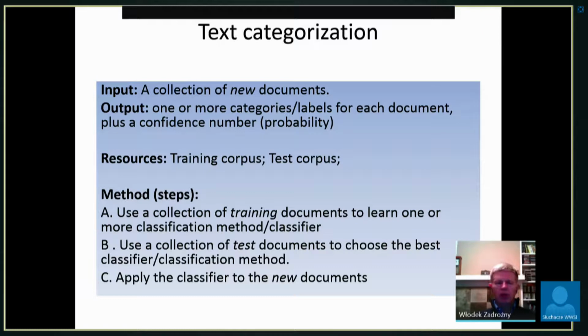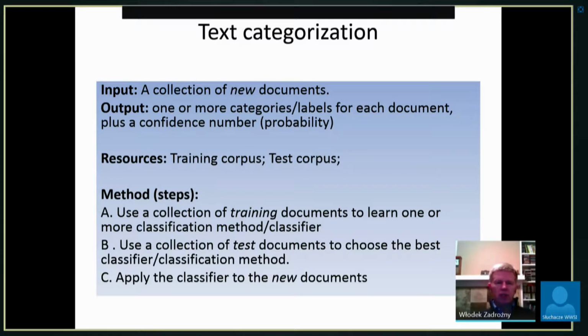And typically we do it by first training a classifier. So our resources are a training corpus and test corpus. So we train on a training corpus and we test on the test corpus. And then when we get new documents, we have some confidence that our classification results are correct with certain expected performance.